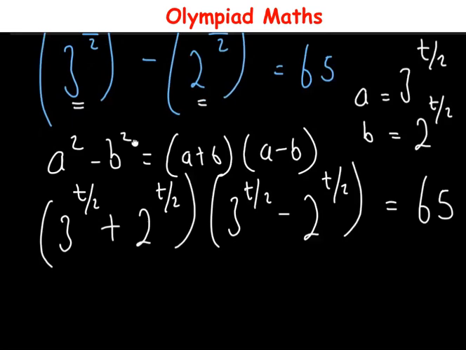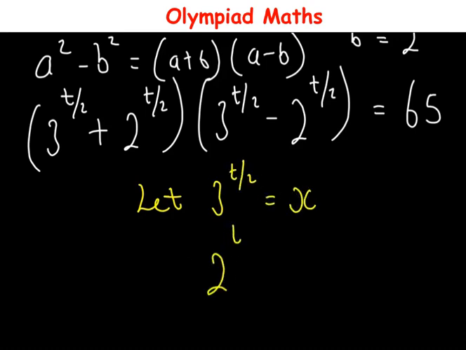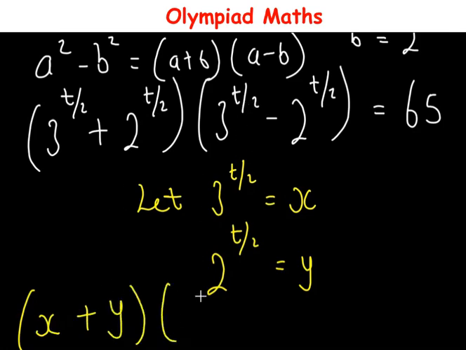From here, let 3 raised to power t over 2 equal x, and also 2 raised to power t over 2 is equal to y. So in the place of 3 raised to power t over 2, we put in x, and in the place of 2 raised to power t over 2, we bring in y. So this becomes, in brackets, x plus y, multiplied by x minus y, all is equal to 65.